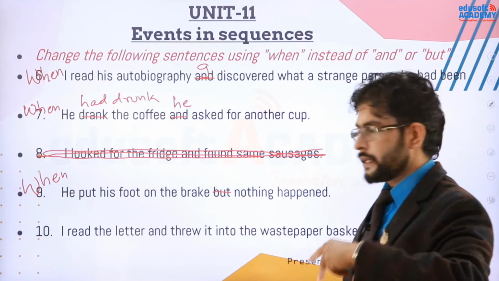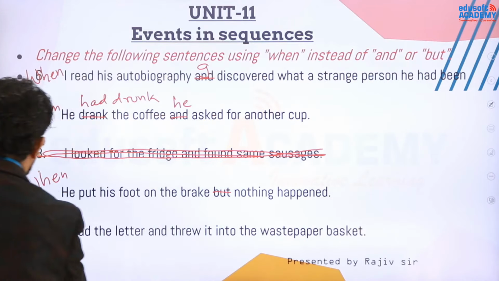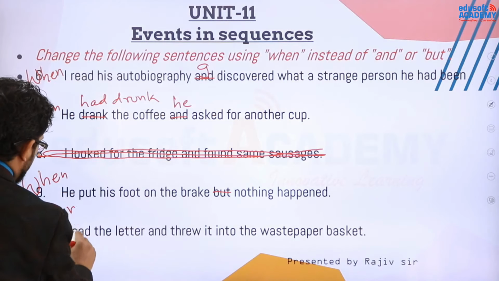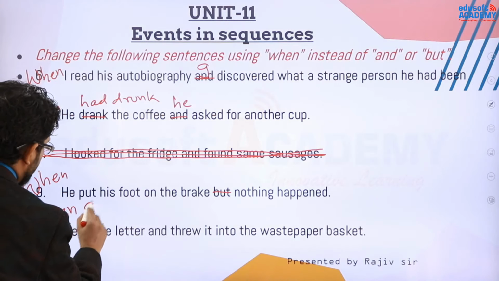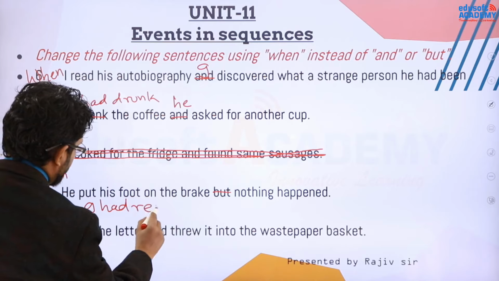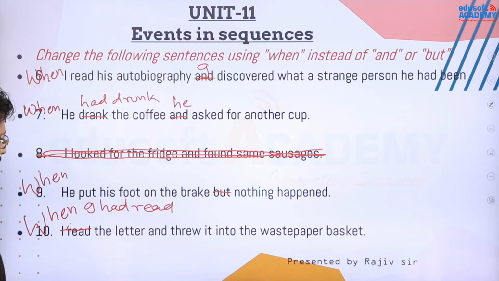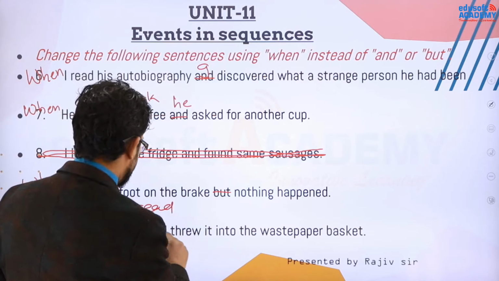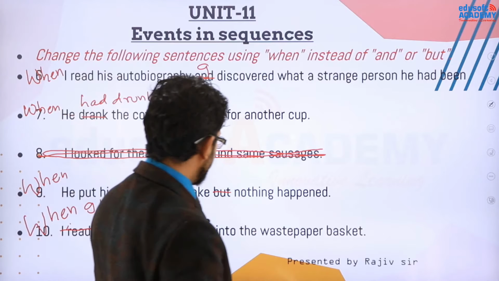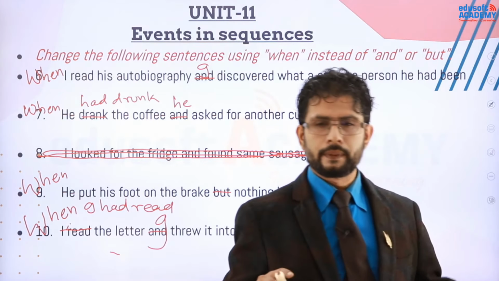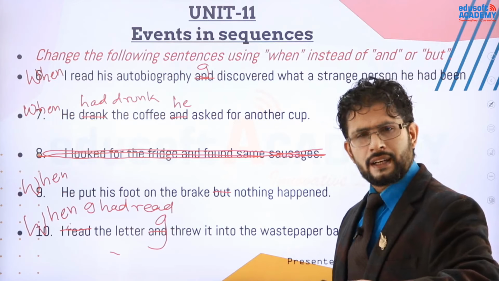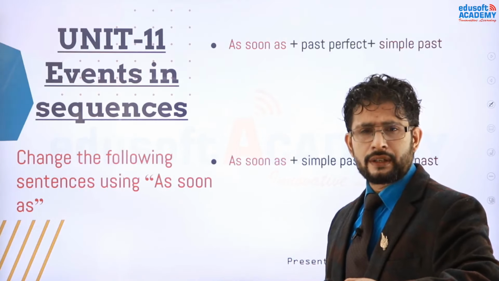No. So there is a gap. So first, what you are going to write is, when I had read the letter, I threw it into the waste paper basket. So this is also easier.